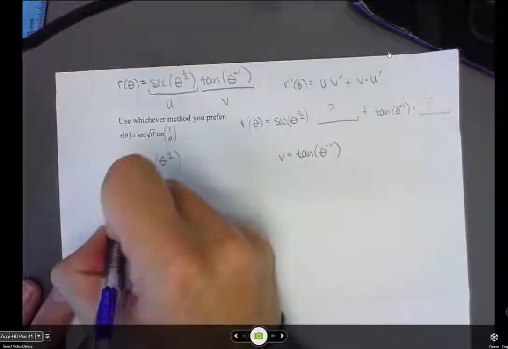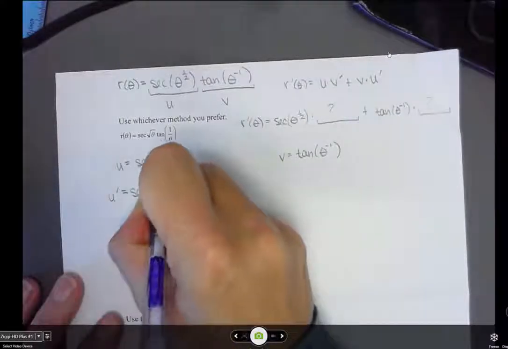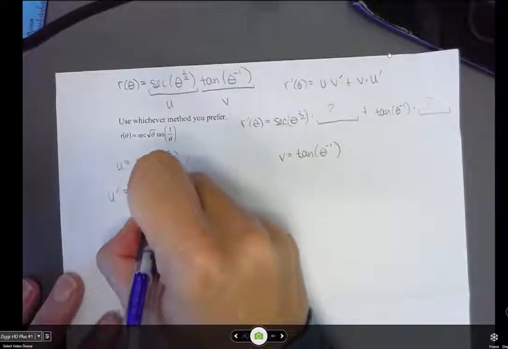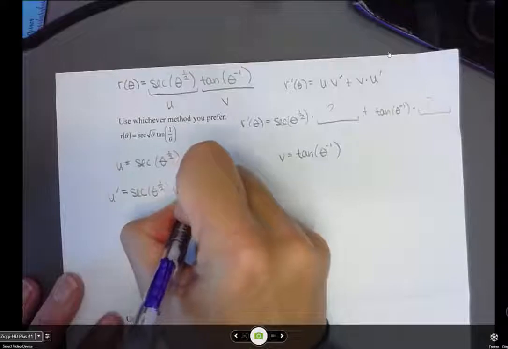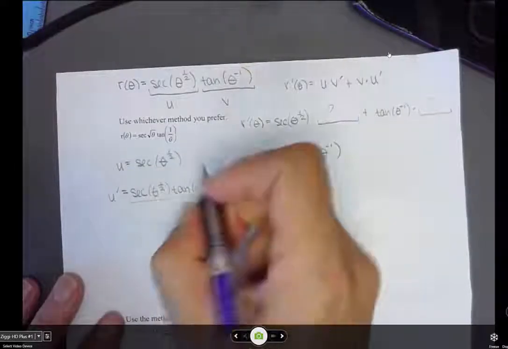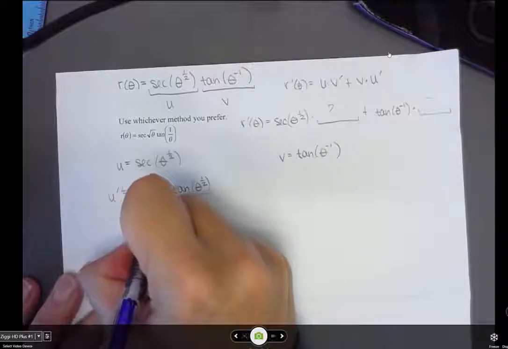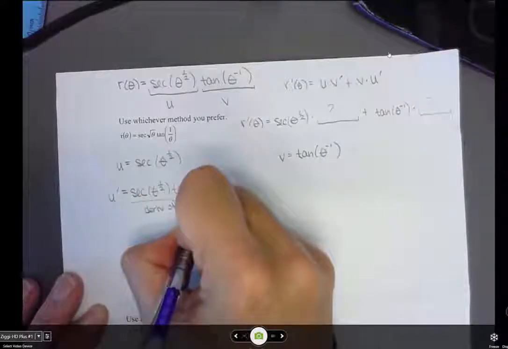So secant, the inside function stays the same. Tangent. So this part is the derivative of the outside, but the inside hasn't changed.